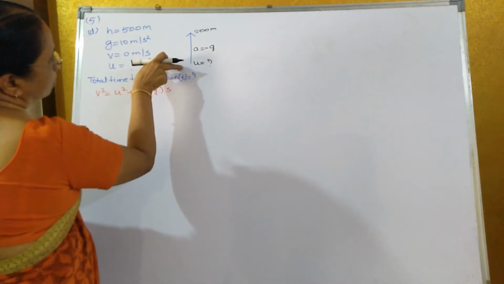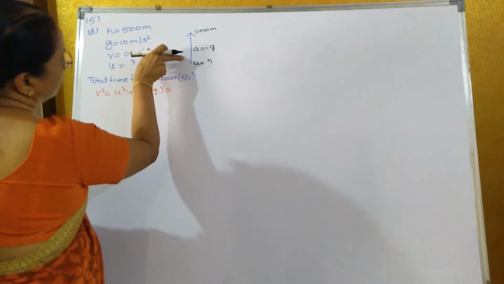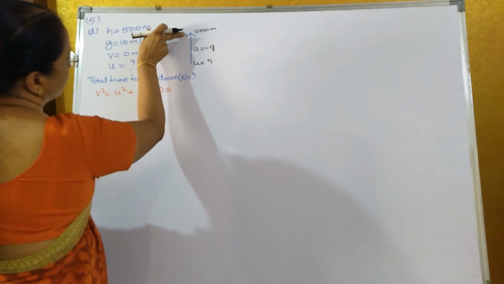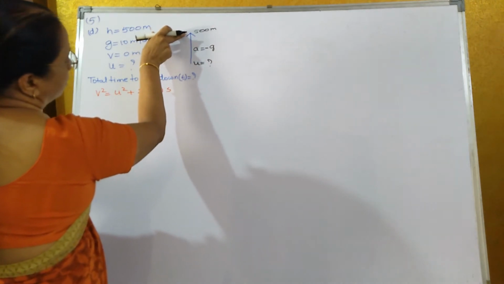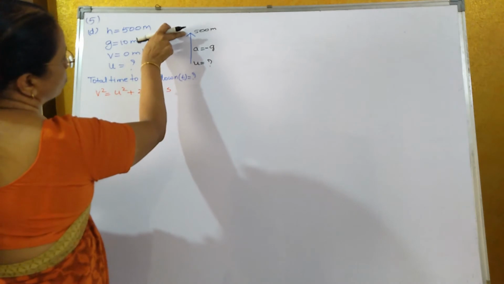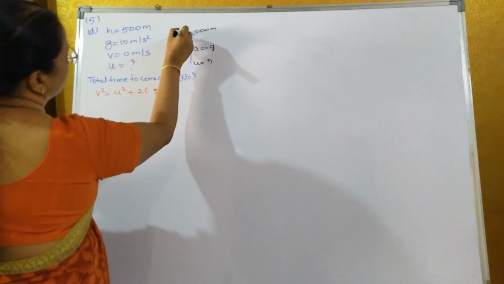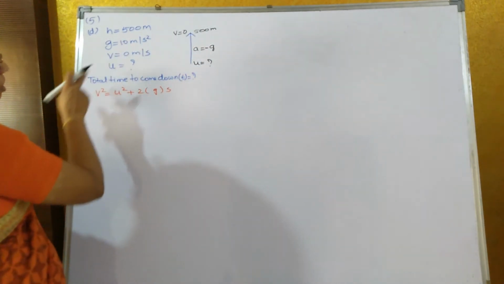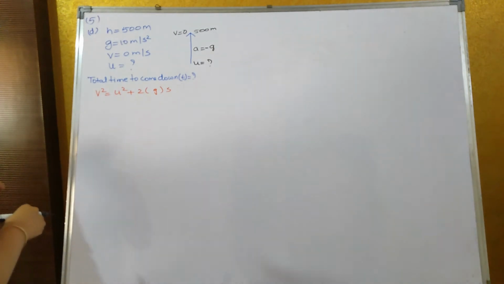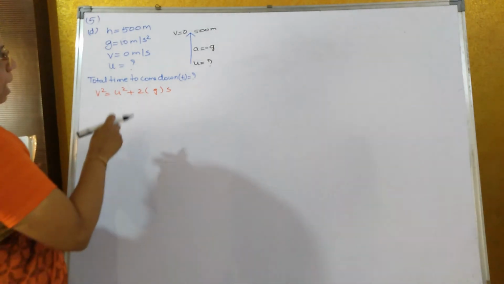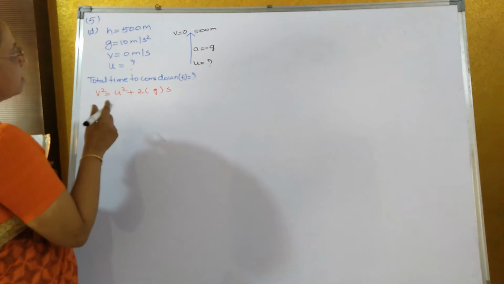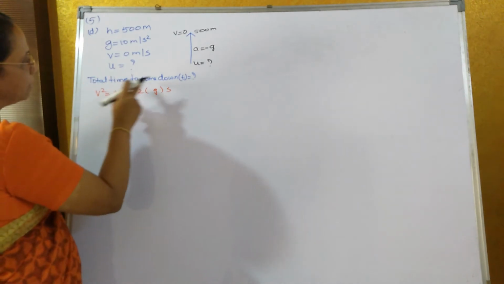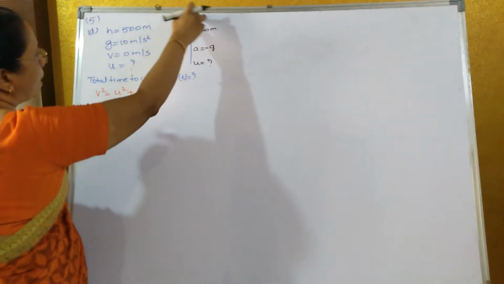When the object is thrown upward, the velocity goes on decreasing and it reaches a point where it comes to rest and it stops moving. So over here v will be equal to 0. G is already given, 10 meter per second square, and height is equal to 500 meter.